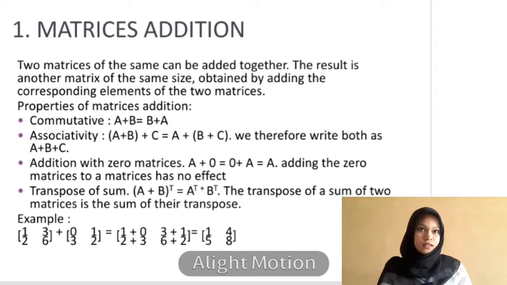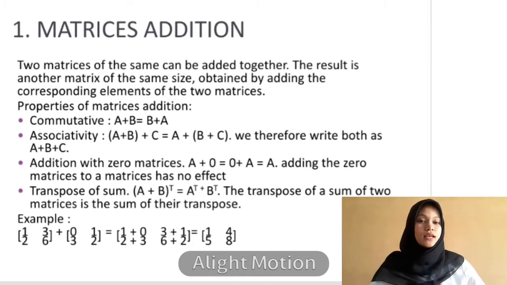Addition with zero matrix. Adding the zero matrix has no effect.